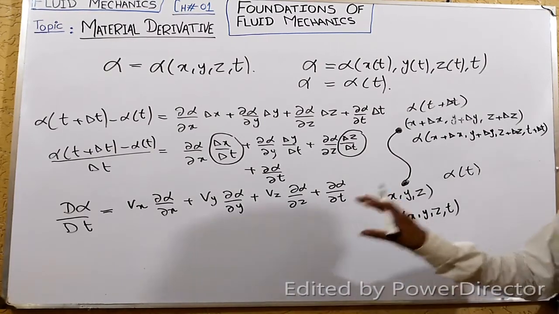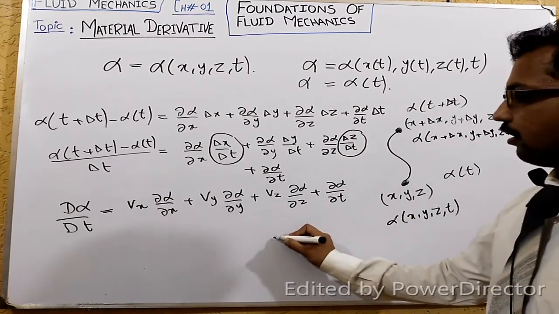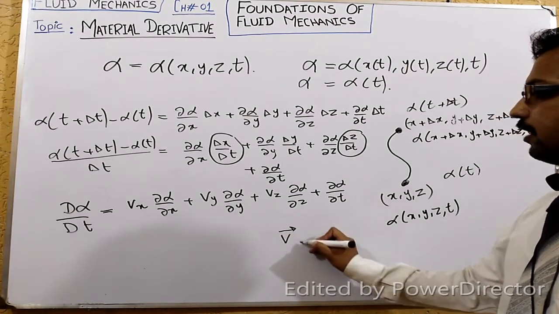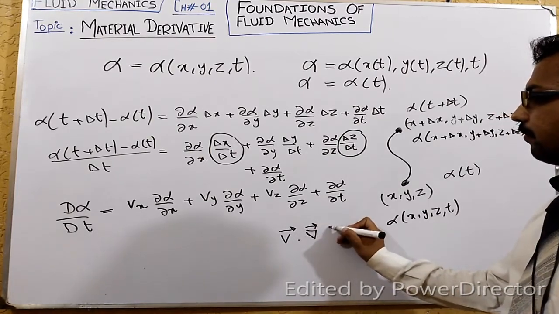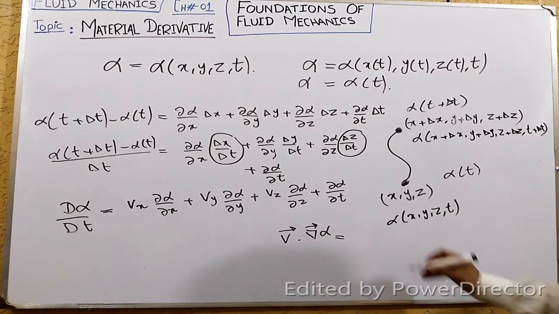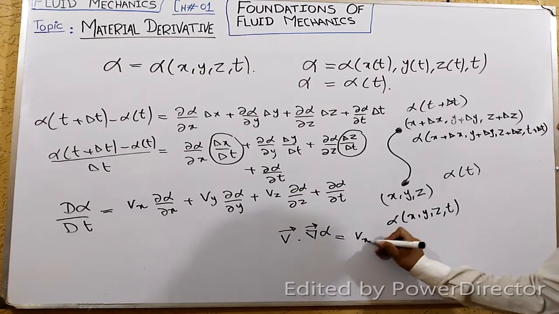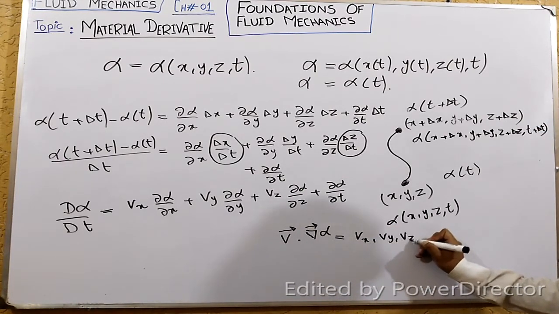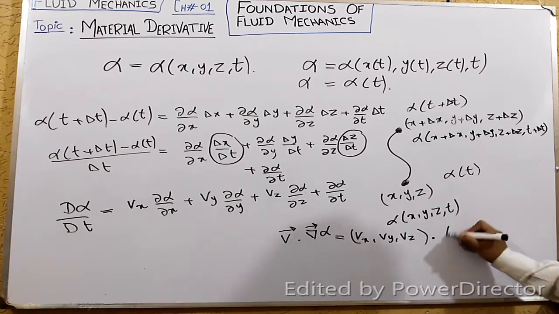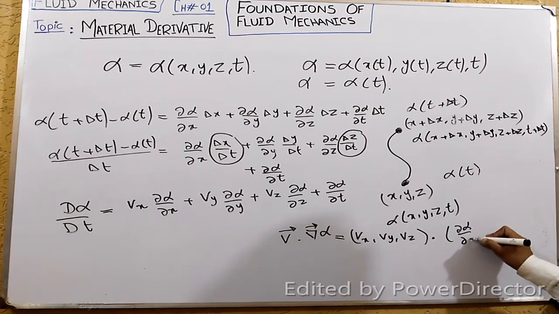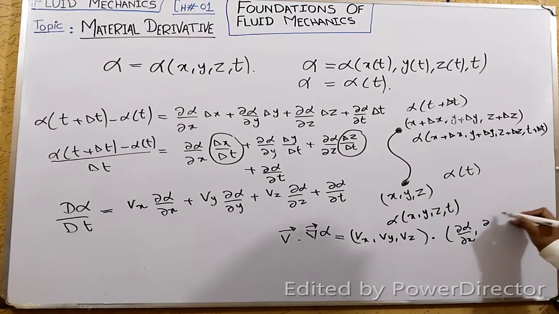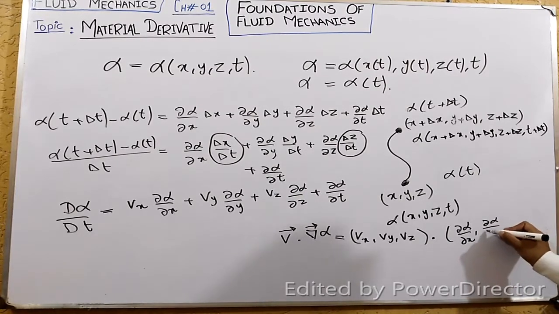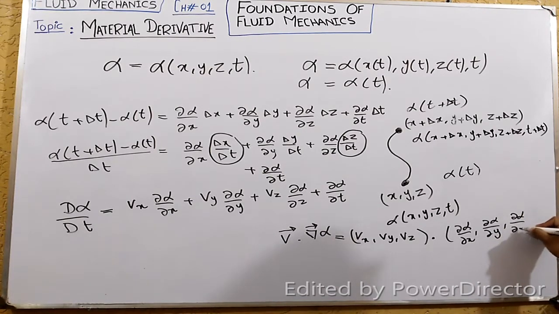Note that the dot product of velocity with the gradient of alpha is equal to the dot product of the vector Vx, Vy, Vz with partial alpha by partial x, partial alpha by partial y, and partial alpha by partial z.